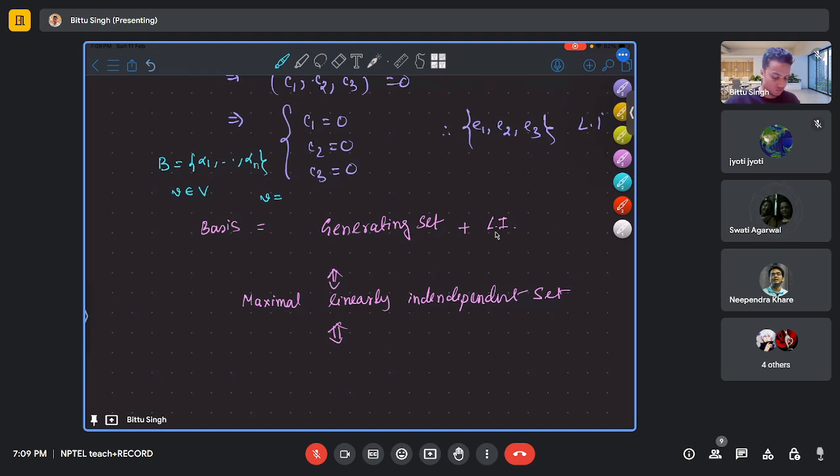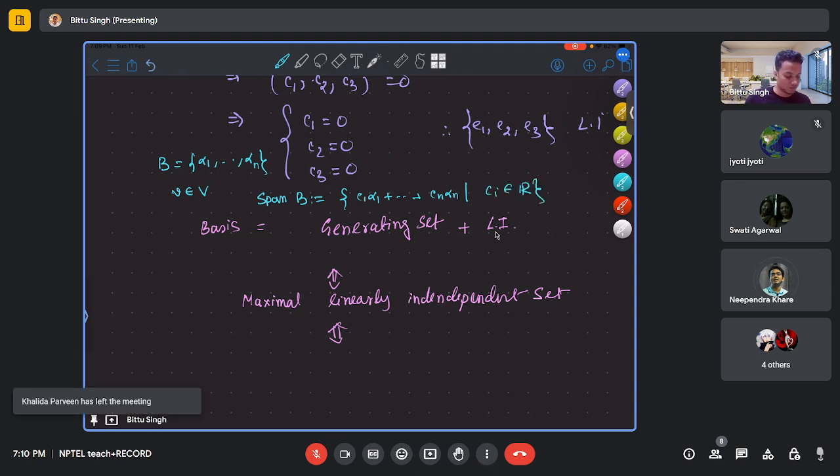So the linear span of B is defined as c1 alpha 1 plus dot dot dot cn alpha n, where all ci are from the scalar field F.